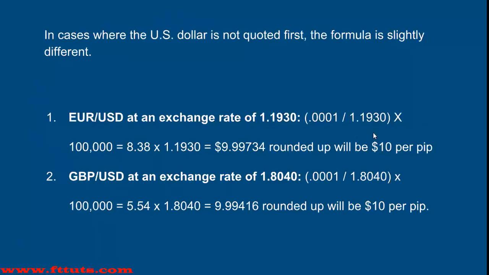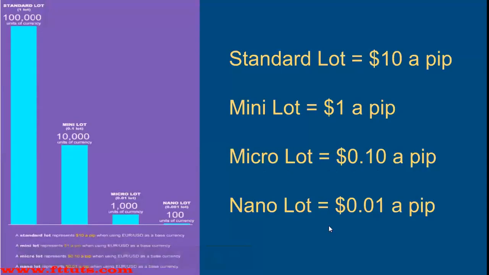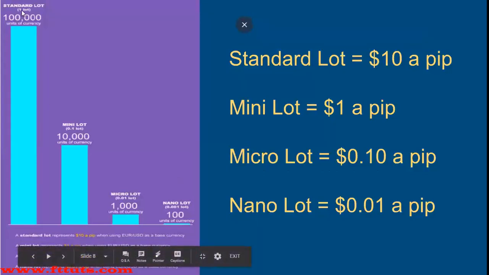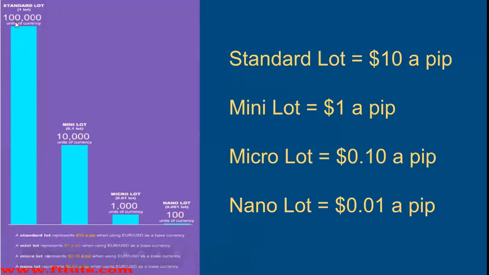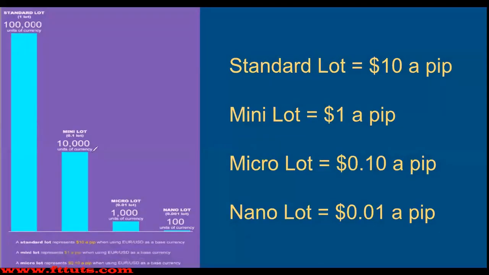Same thing applies for cable, which is the pound USD. Okay, so now here's a better representation of what we're looking at. This is going to be 1 standard lot, which is 100,000 units of currency. Then we have a mini lot right here, which is going to be 10,000 units of currency. A mini lot is going to be $1 a pip.